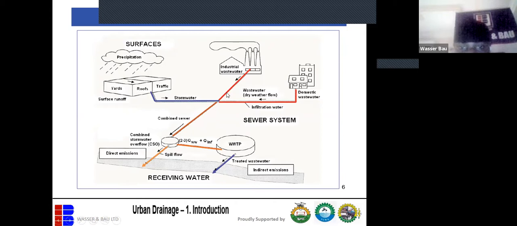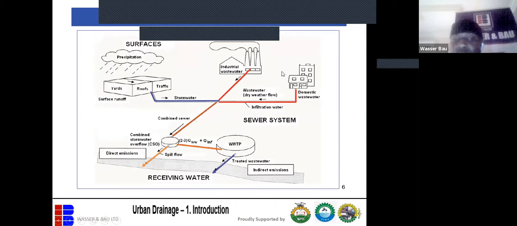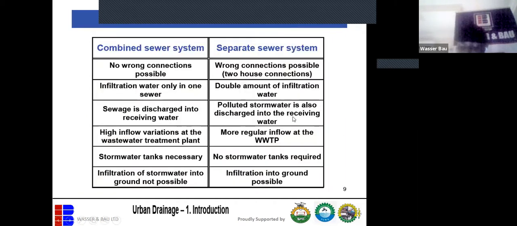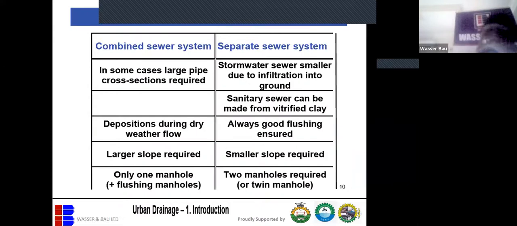So you can see in a combined system, when it comes to this place, it will go into what we call combined sewer overflow. Then from the overflow, the highly concentrated type will go to the treatment plant for treatment, while the other one will spill through the spillway. So these are the differences between a combined system and a separate system. But we're not interested.